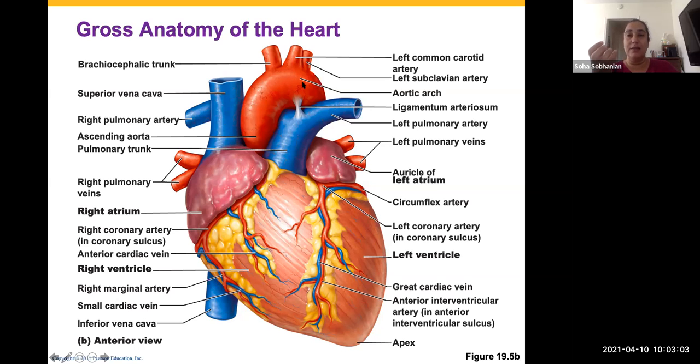So if you want to get full credit on your exam, you cannot simply refer to this as the aorta. You need to give me this as the ascending aorta and the curvature as the aortic arch. If you just say aorta, you get partial credit for that question. Now, off of your aortic arch, you have 3 branches.